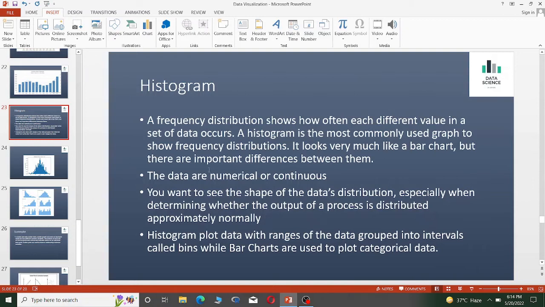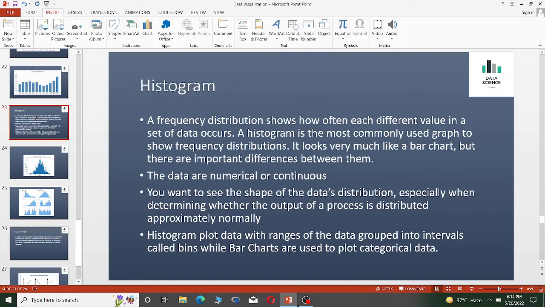Okay. The most important thing is that the data should be numerical or continuous. But what happens in a bar chart? A bar chart is made for the categorical variable, but a histogram is made for continuous variables. Now we want to see the shape of the data's distribution, especially when determining whether the output of a process is distributed approximately normal.